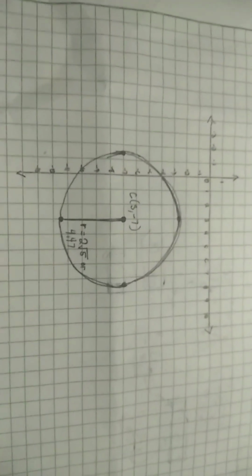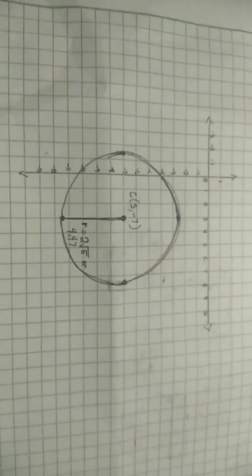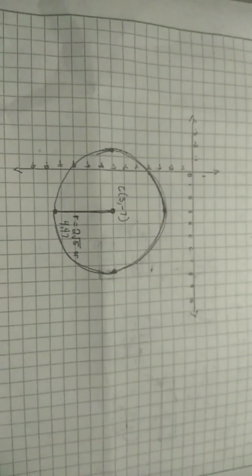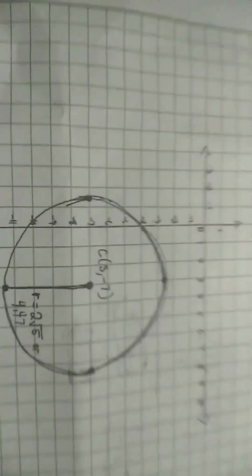Okay, so now this is the graph that we have made from the circle given, x squared minus 6x plus y squared plus 14y plus 38 is equal to 0. The center is 3, negative 7, and the radius is 2 square root of 5. How do we graph it?